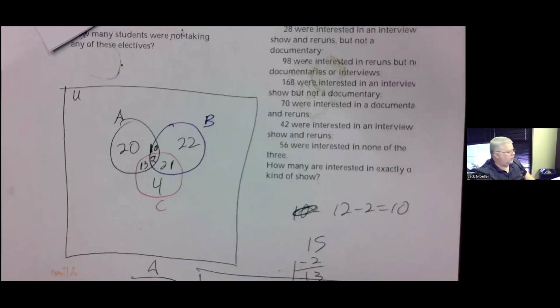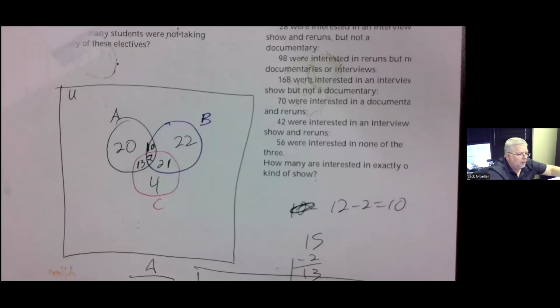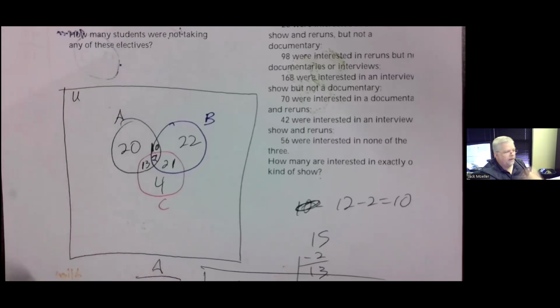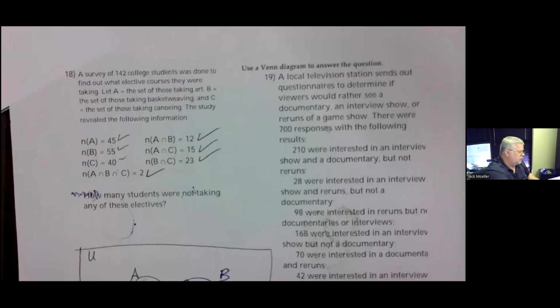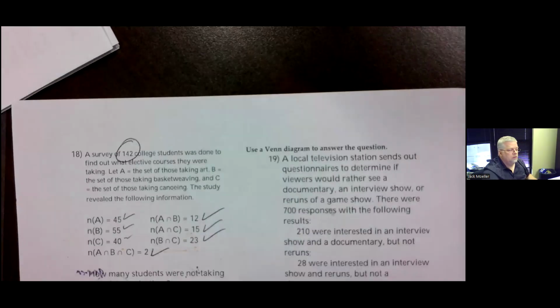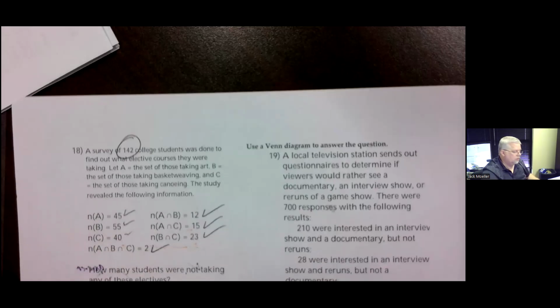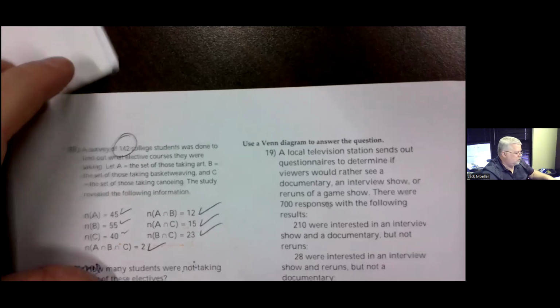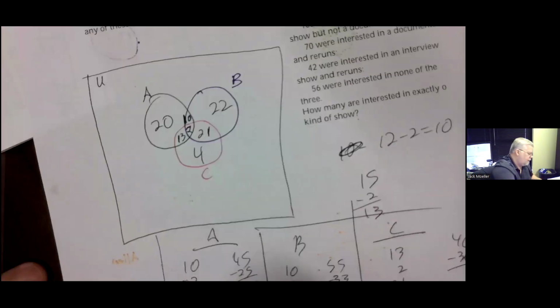All right. So are we done with the Venn diagram? Almost. We need the number outside. So how do we get that number outside? This is where we go back to the total. So that total tells us that there has to be 142 total in the entire Venn diagram. And how many have we accounted for?